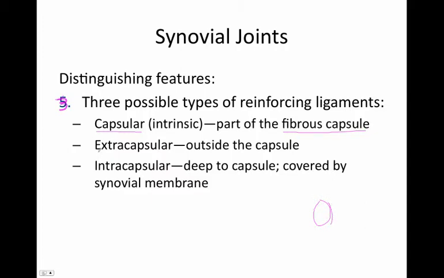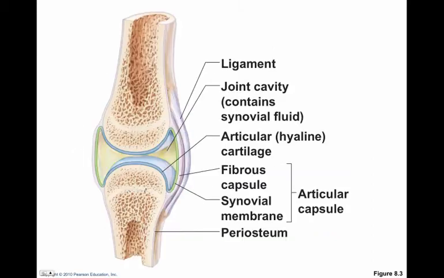Then if we're extracapsular, we're outside of the capsule. And if we're intracapsular, we're deep to the capsule, covered by synovial membrane. So when we look at this model, it's good to come back and reference it for your location in terms of, are we within the capsule, or are we extra to that, or are we intra to that? So a lot of it has to do with a reference to this capsule.